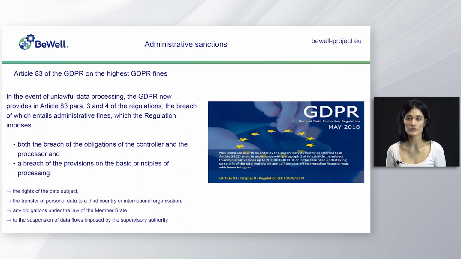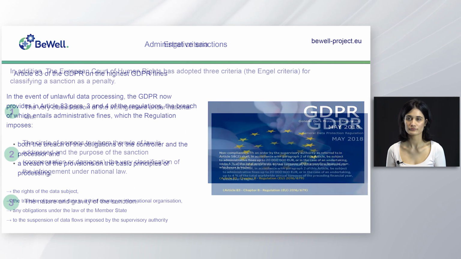Both the breach of the obligations of the controller and the processor and a breach of the provisions on the basic principles of processing, such as the rights of the data subject, the transfer of personal data to a third country or international organization, any obligations under the law of the member state, and to assure the suspension of data flows imposed by the supervisory authority.